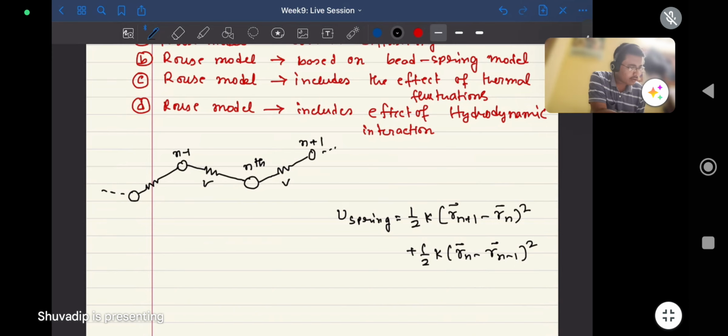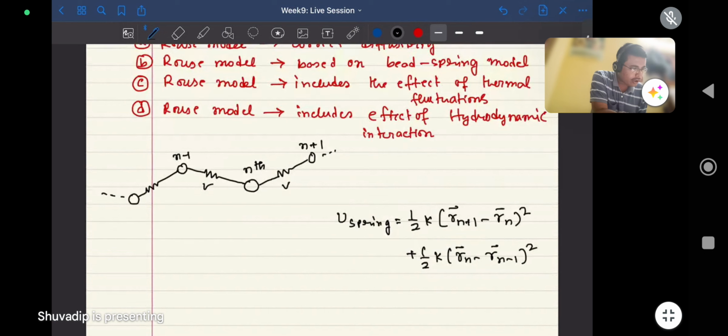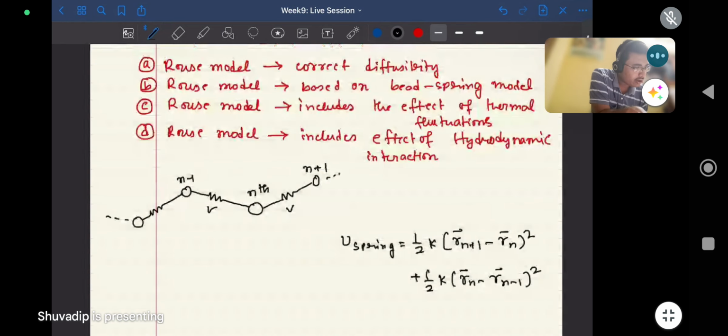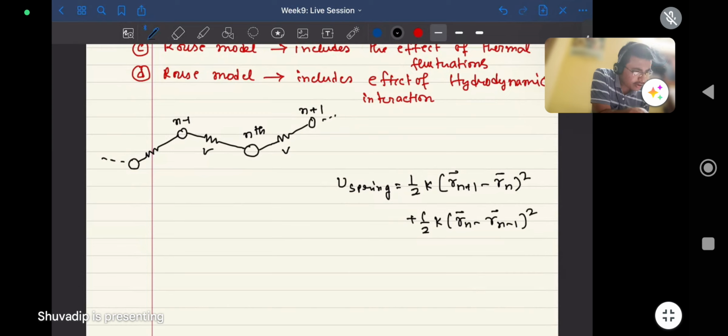Now when I am writing the equation of motion in this scenario, I am writing the equation of motion of the bead spring model essentially with some extension which includes the thermal fluctuation. We will come slowly to that. So we got U spring, then the force is given by F of Rn is minus del U del Rn.